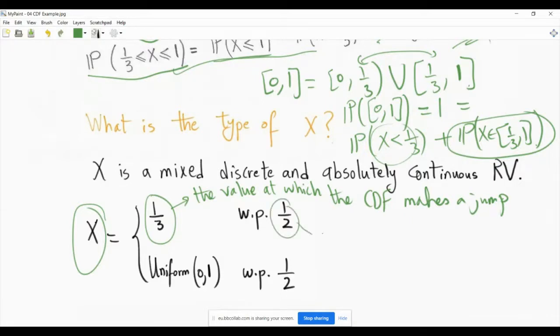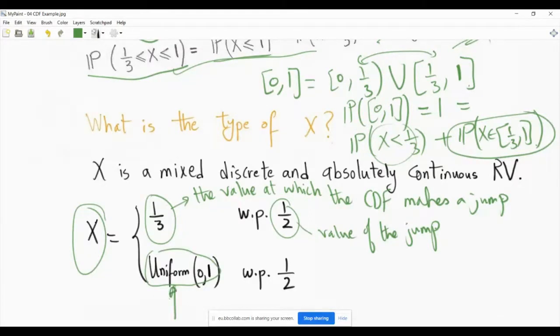It is basically the value of the jump. I'm claiming that this 1/3 has probability 1/2. Then the other half, because probabilities should give you 1. So X is 1/3 with probability 1/2, and with probability 1/2 it is uniform on [0, 1].